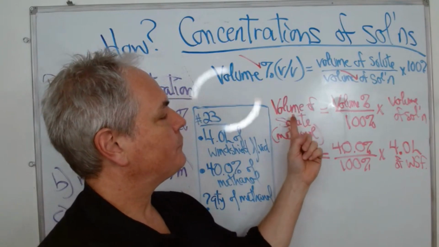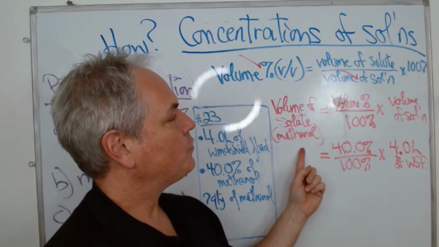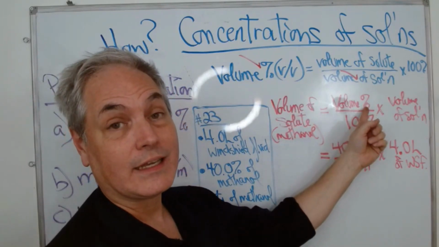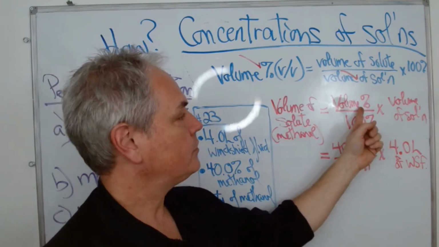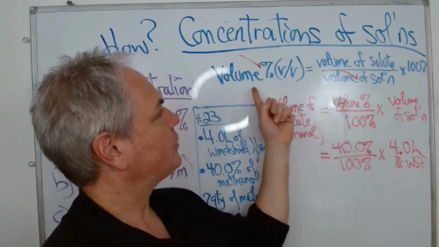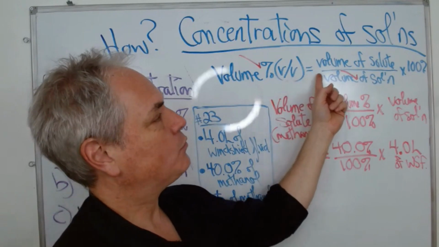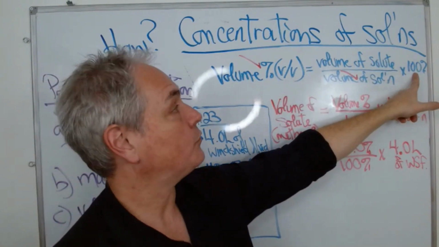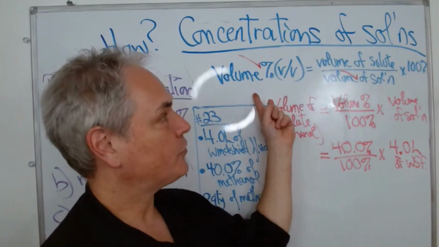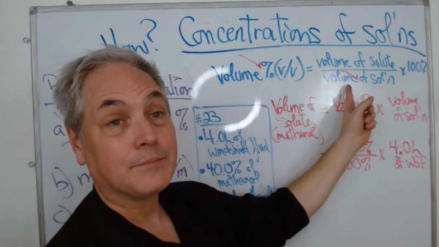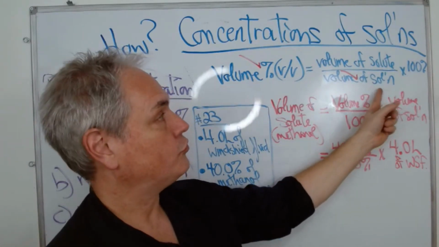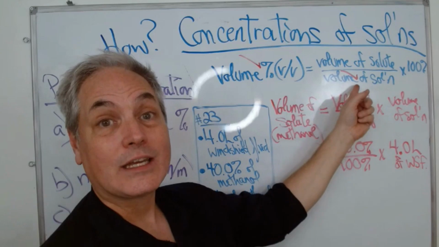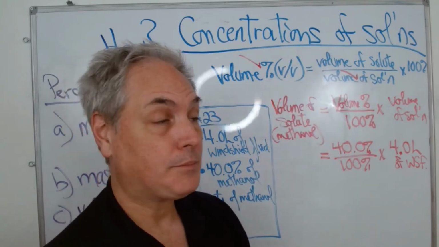We know that the volume of solute, the methanol, will be equal to the volume percent of the solution divided by 100, because if we multiply by 100 on one side, we will divide on the other. And here we are dividing by the volume of the solution, and therefore on the other side of the equal sign, it will be a multiplication.